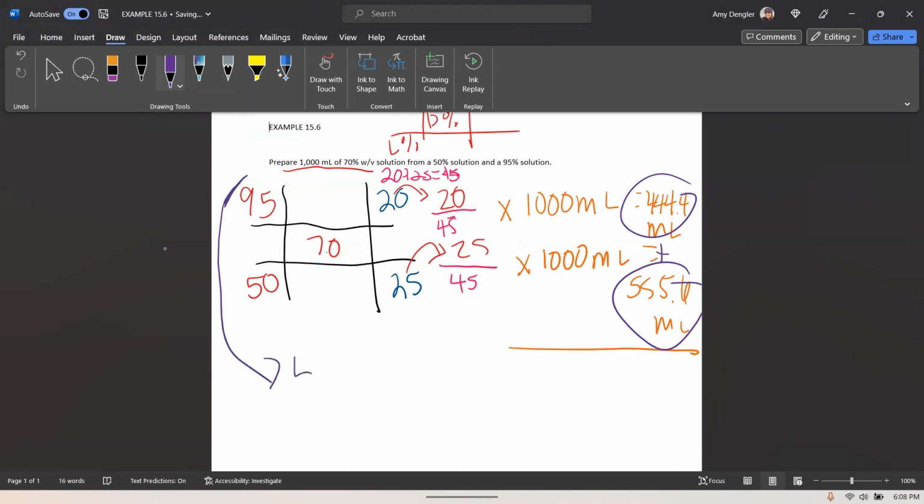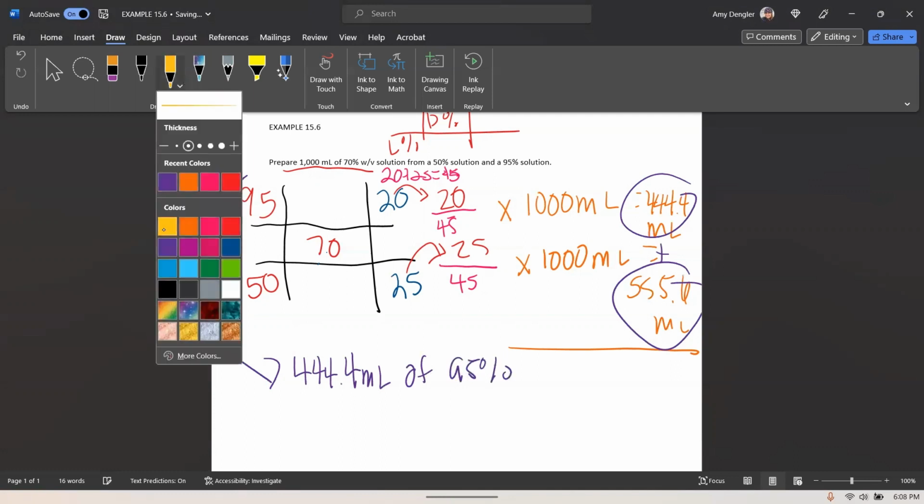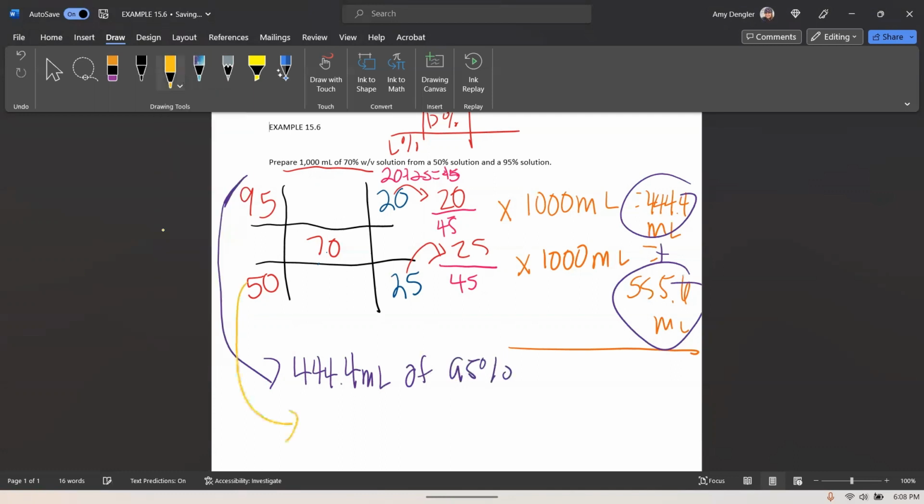So we are going to use 444.4 ml of the 95% solution. And then of the 50% solution, we're going to use 555.6 ml of the 50% solution.